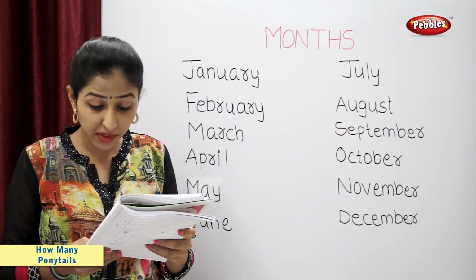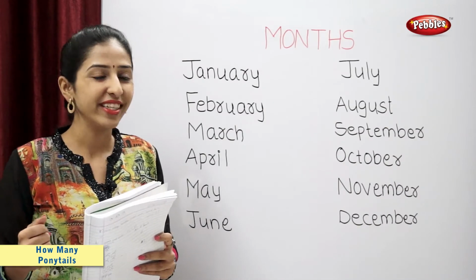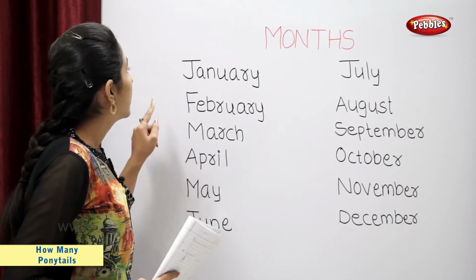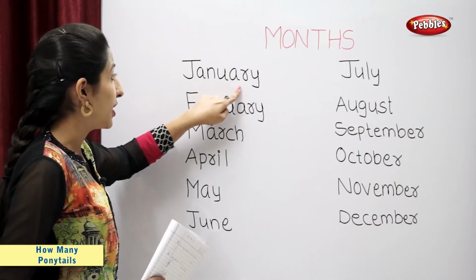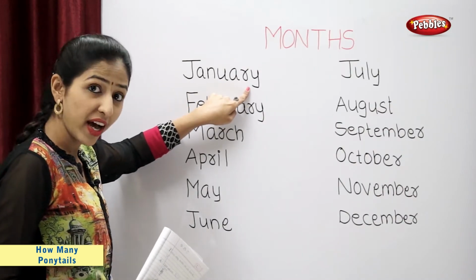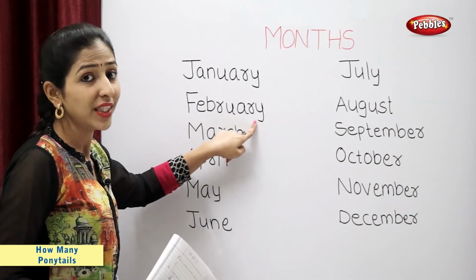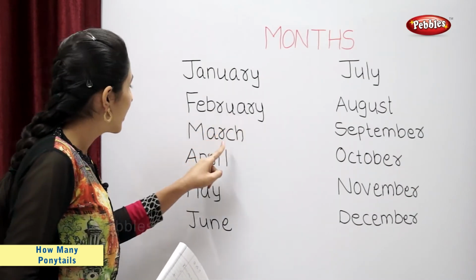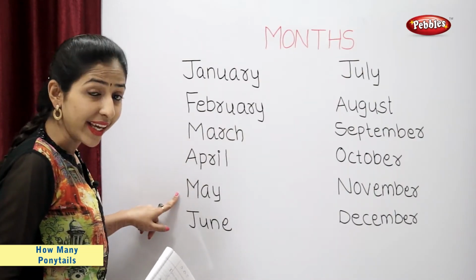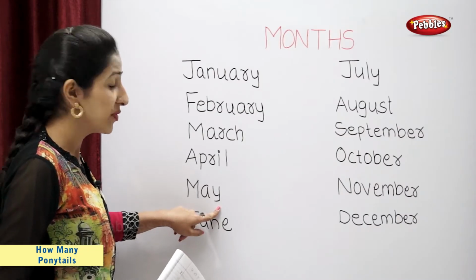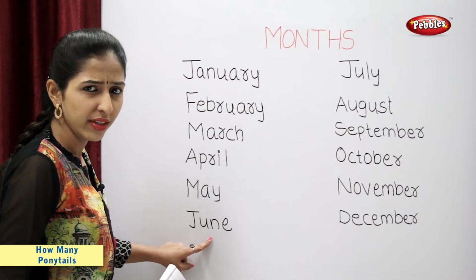How many month names end with the same letter? Students, let's find this out. Let's take letter Y. January ends with letter Y. February also ends with letter Y. May also ends with letter Y. June?